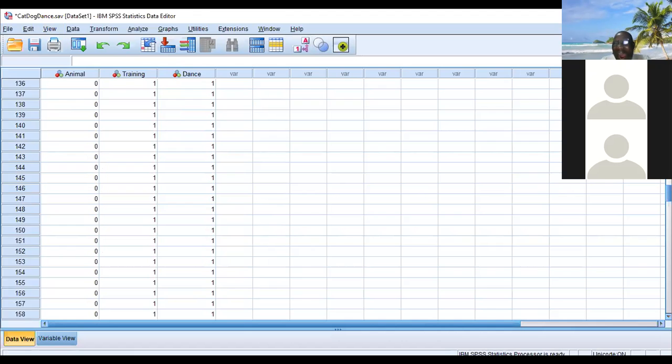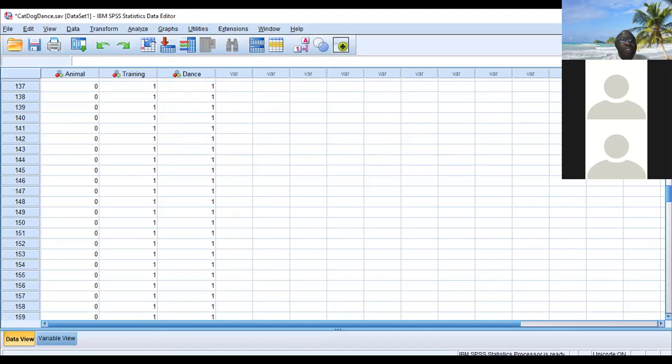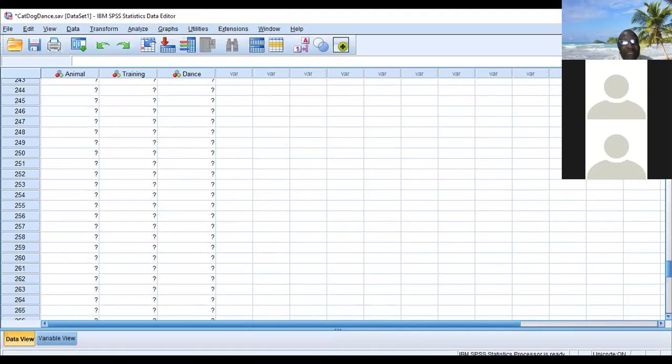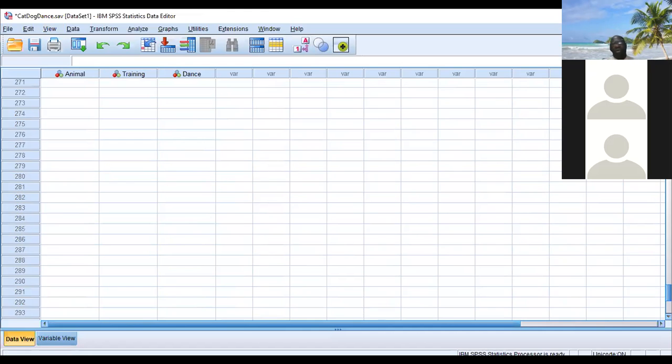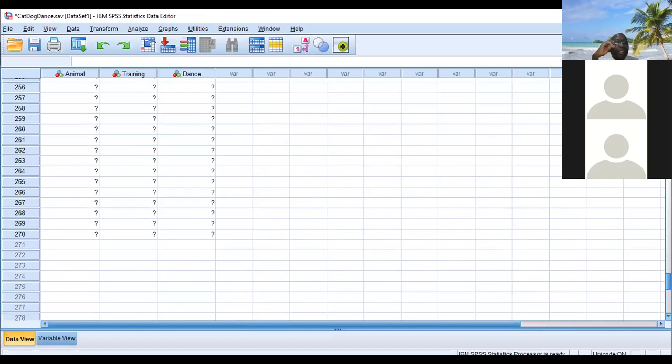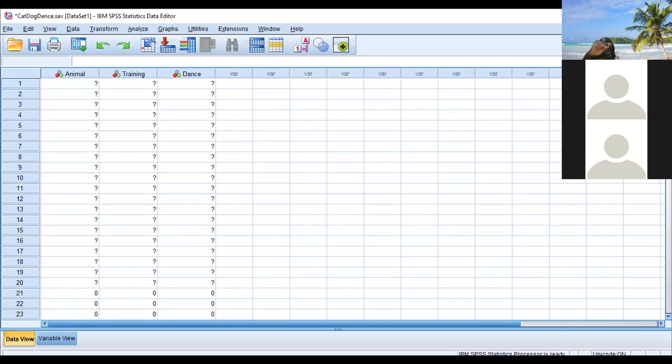This is what we enter. The reason it shows yes or all these labels is because of the labeling, and we now say show us. By the time you scroll through, you will see the way we labeled it. I think all of them are 270: 70 dogs, 200 cats.